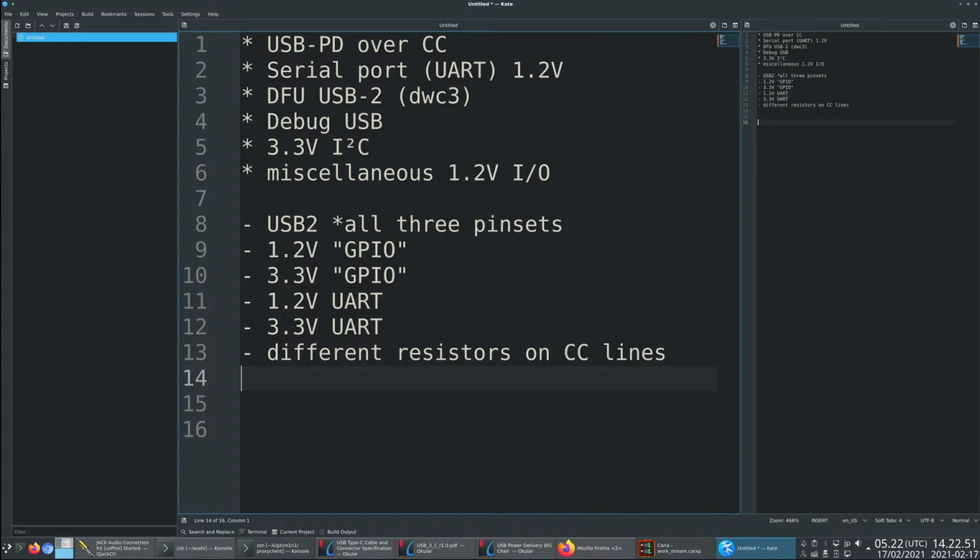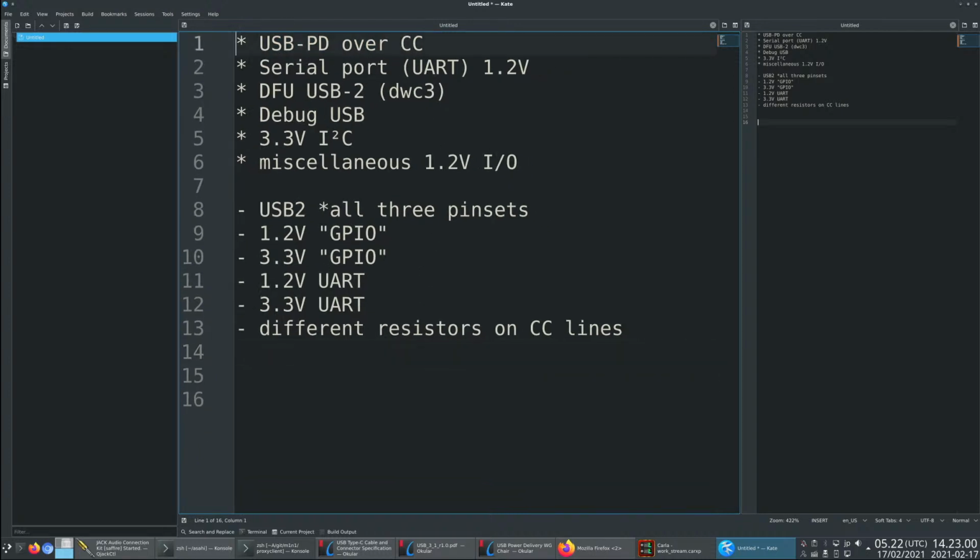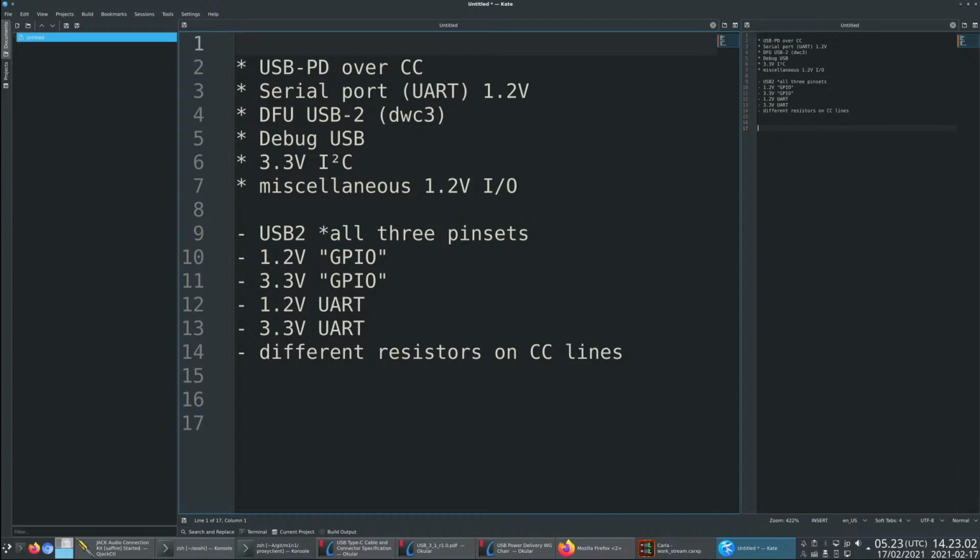So looking at these features, one of the things we're going to need either way is a USB PD interface chip. So these are the, let me just add some filters here.